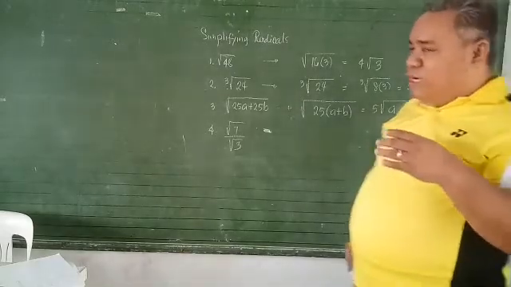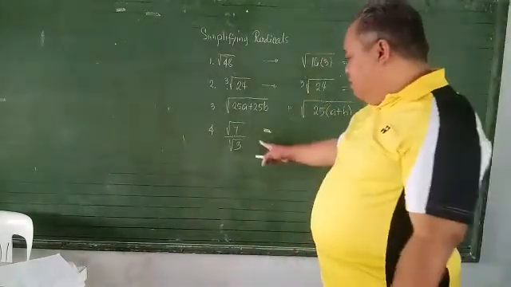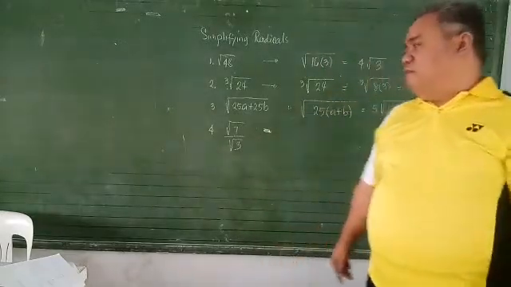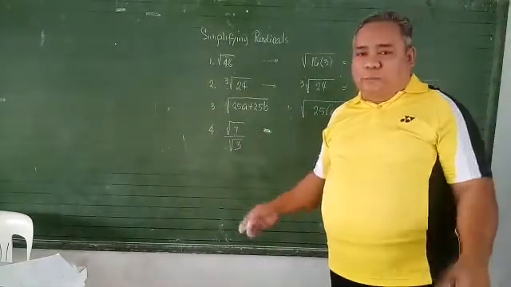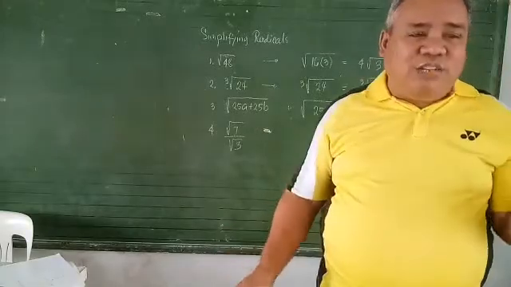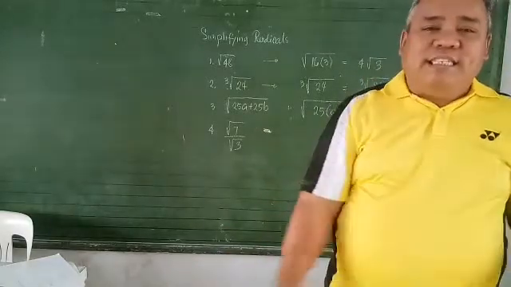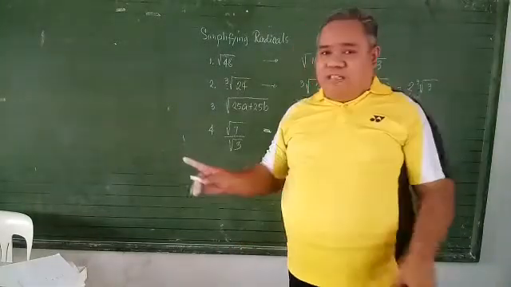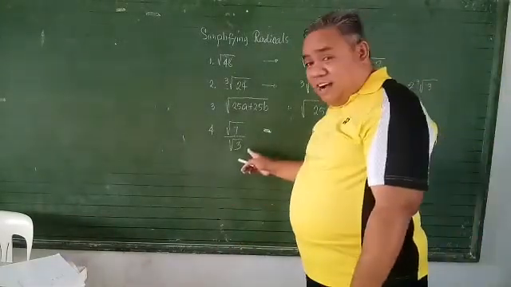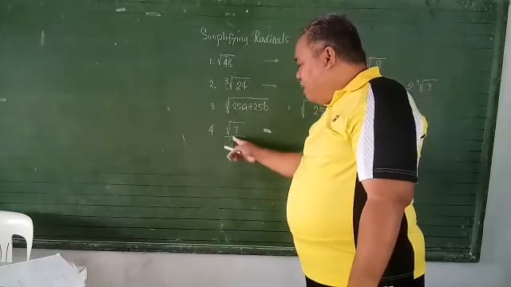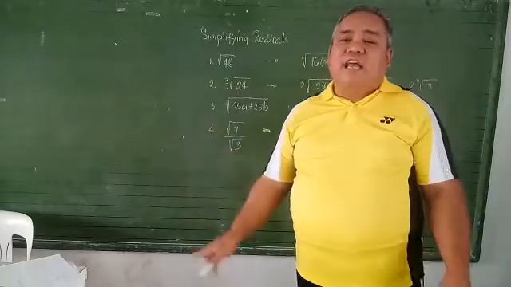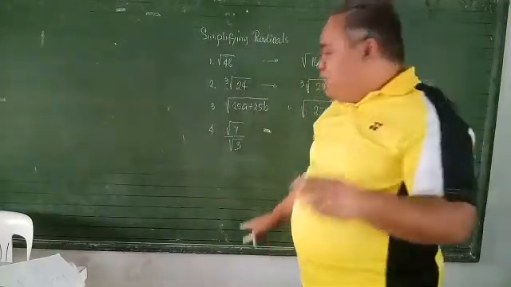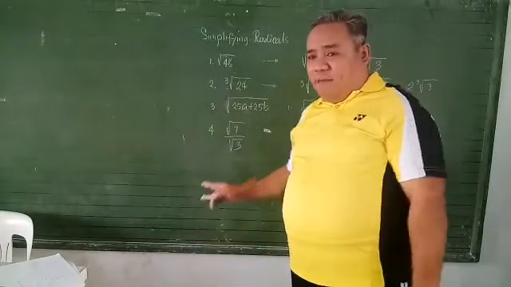Now, in case the given is in fractional form, we're going to do the process known as rationalizing the denominator. How do we rationalize the denominator? Because in algebra, it's a crime when we see a radical sign in the denominator. So the first thing we do, our aim is to remove the radical sign in the denominator.